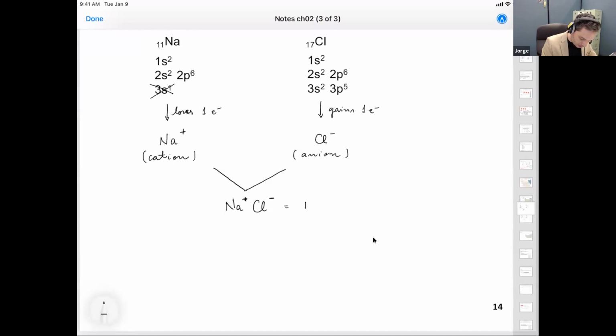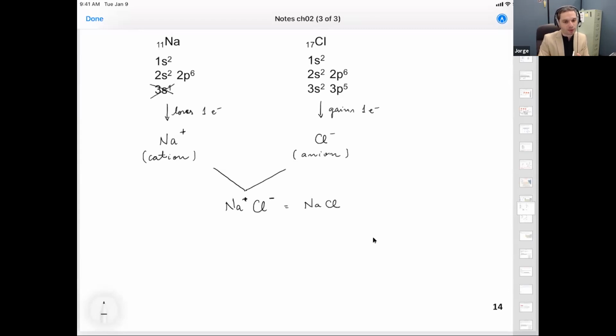You can simply write NaCl. Each sodium needs to lose 1 electron and each chlorine needs to gain 1 electron. Therefore, they will combine and form a stable compound. The formula of this compound is NaCl.